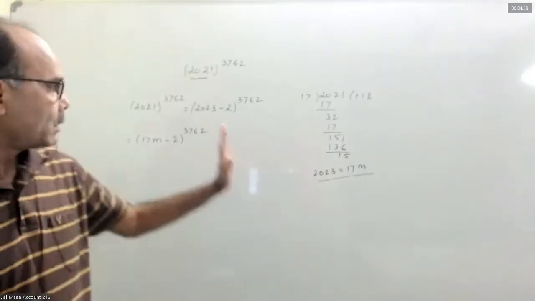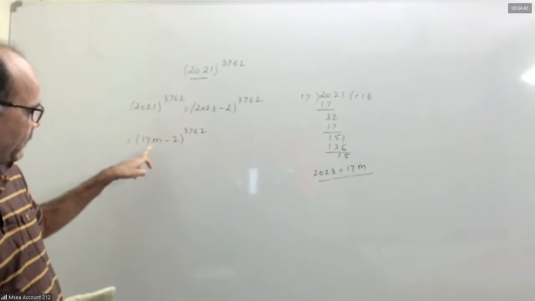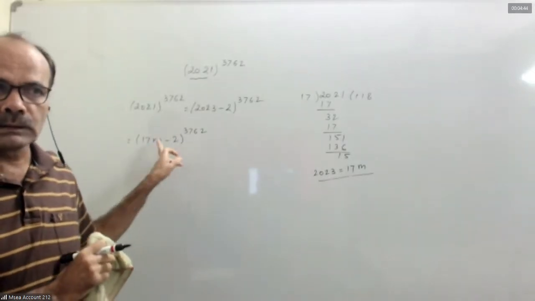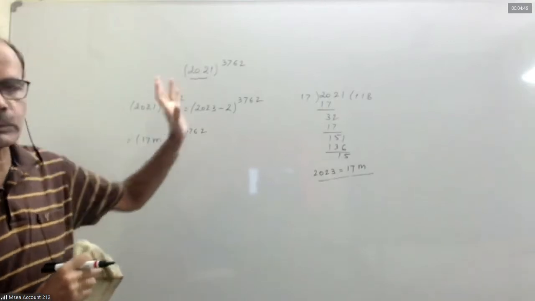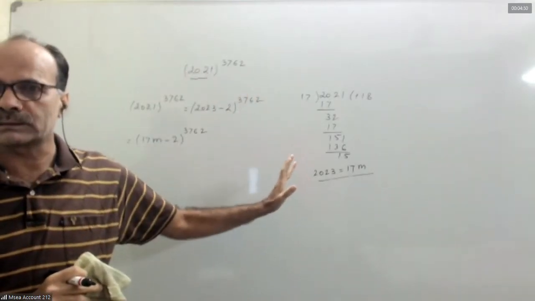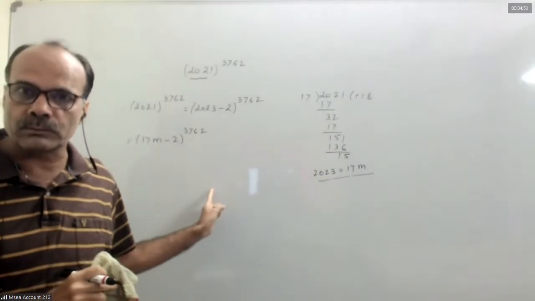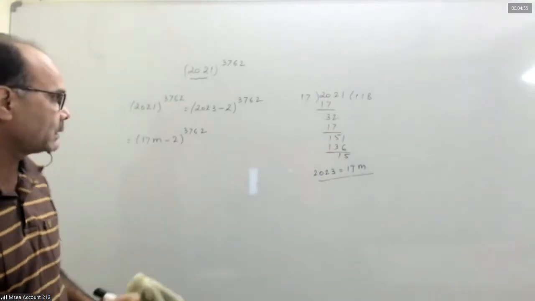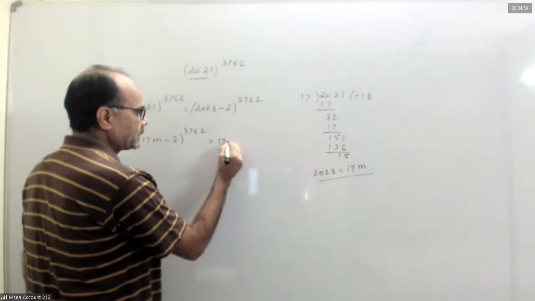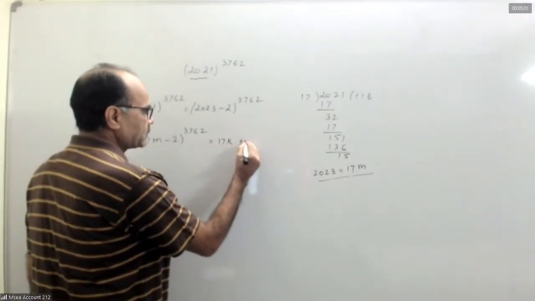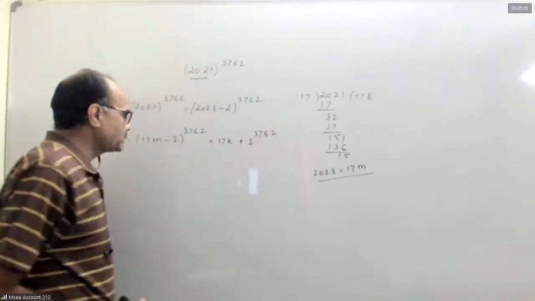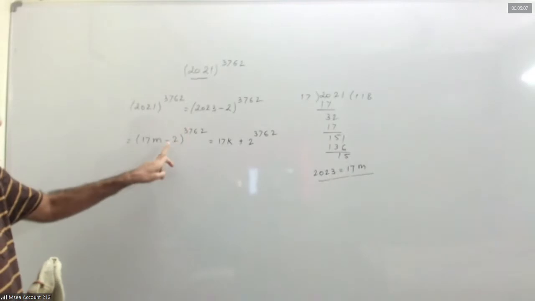So if you expand it binomially, the first term will be a multiple of 17, the second term will be a multiple of 17, up to the second last term; except the last term, all other terms will be divisible by 17. So directly I can write it as 17k plus 2 to the power 3762. Once you check it, because the power is even, the last term will be plus.